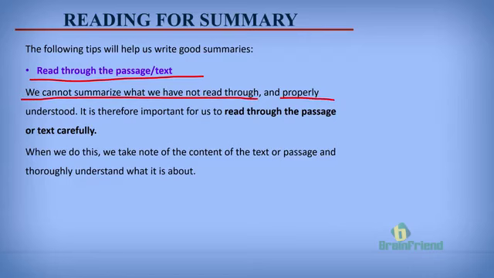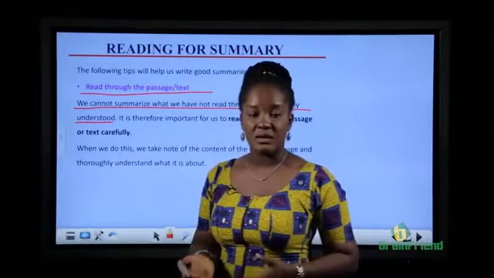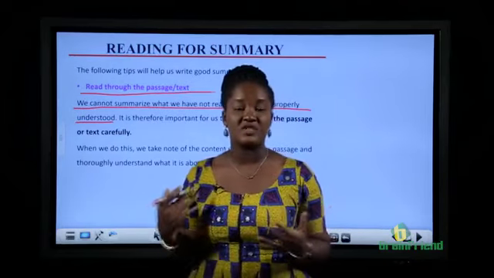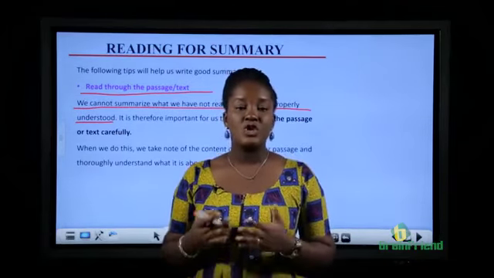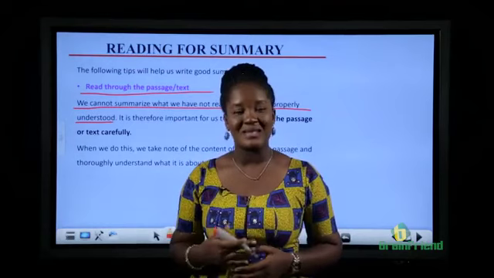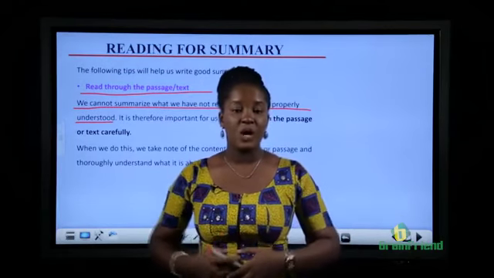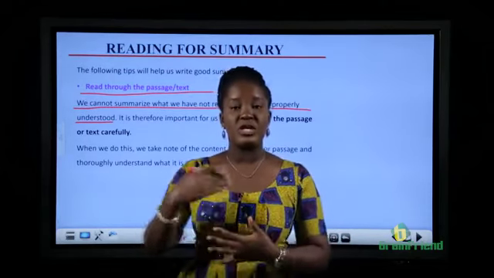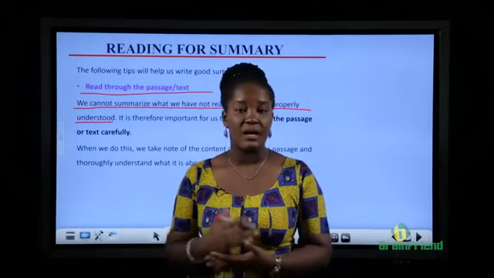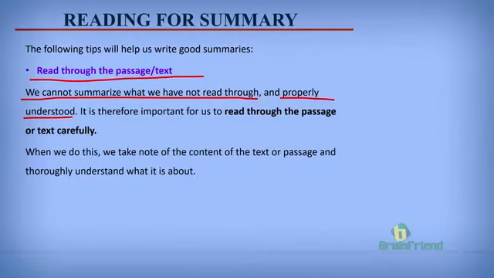and properly understood. It shouldn't just end at reading through a passage or text. As we read, we should ensure that we understand what we have read. Where we do not understand, we should read through over and over again. It is therefore important for us to read through the passage or text carefully.